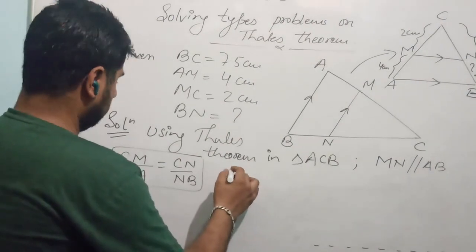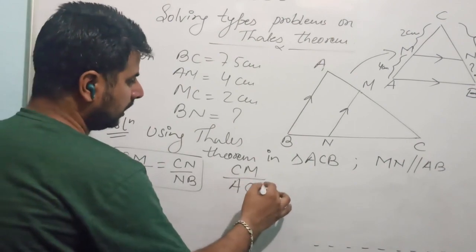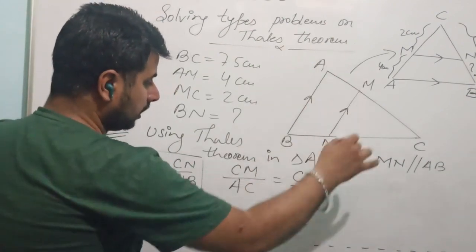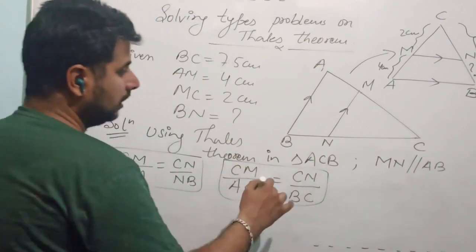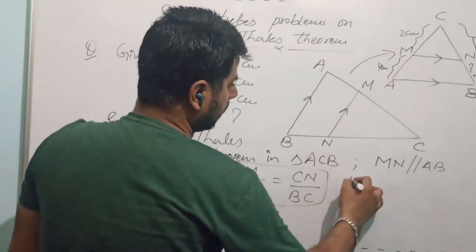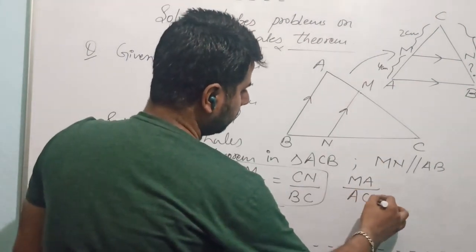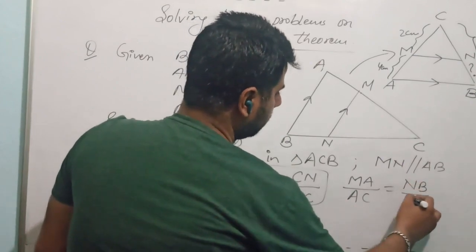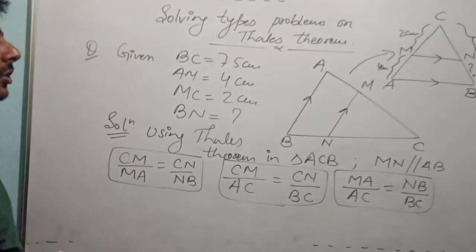Second one will be CM upon the complete one, AC, and on the other side, CN upon the complete one, BC. Now let's go to the third one, that is AM or MA upon the complete one, AC, is equal to NB upon complete one, BC. These all three will be your ratio form.